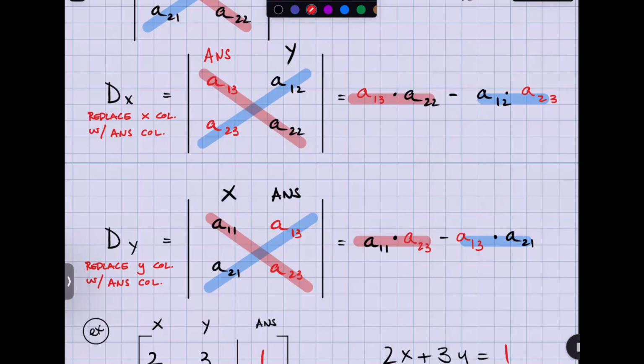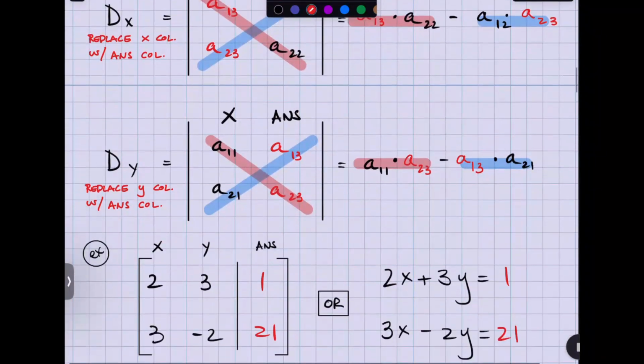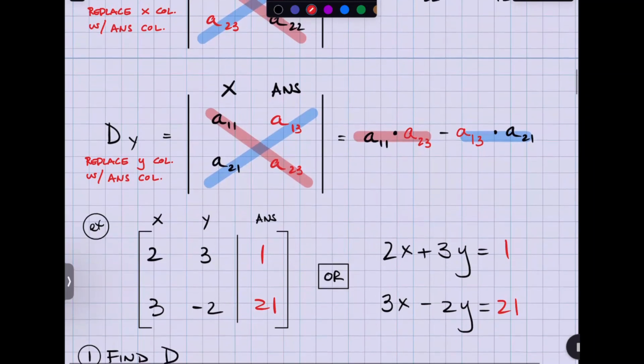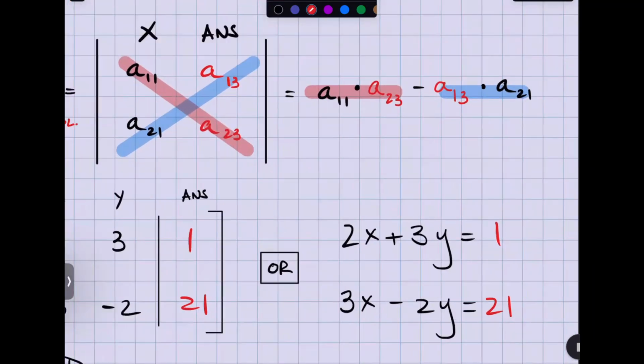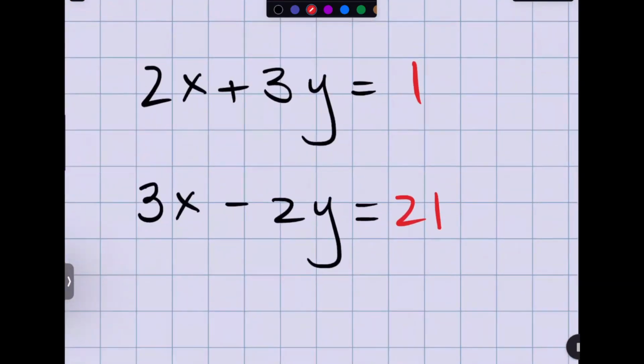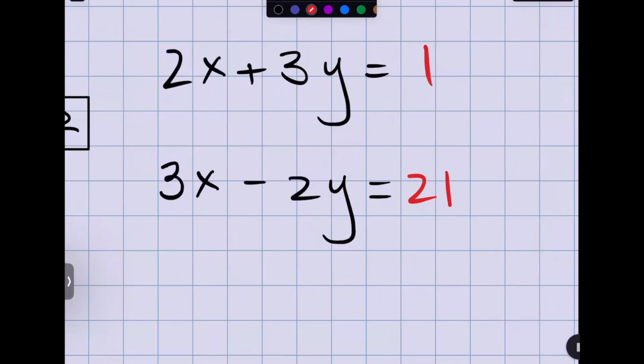So with that being said, let's take this example right here. It's in standard form on both of them. Let's convert that to matrices. Then write your three determinants, because it's two equations, two unknowns.